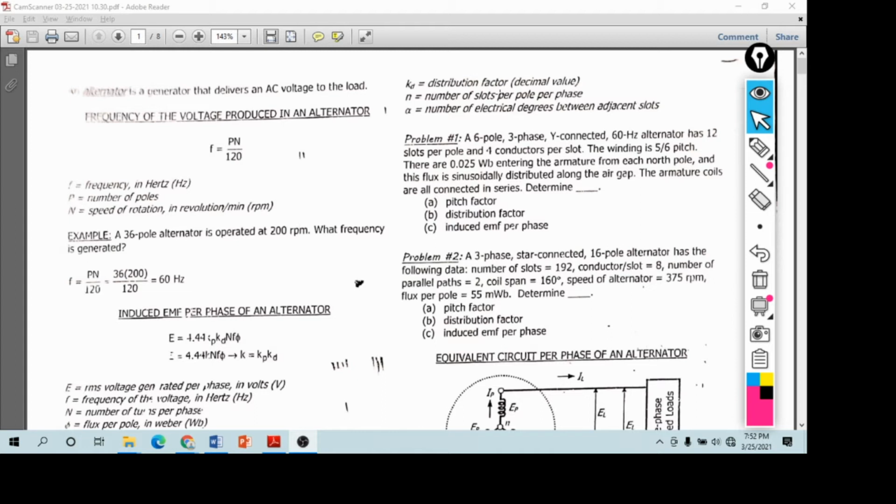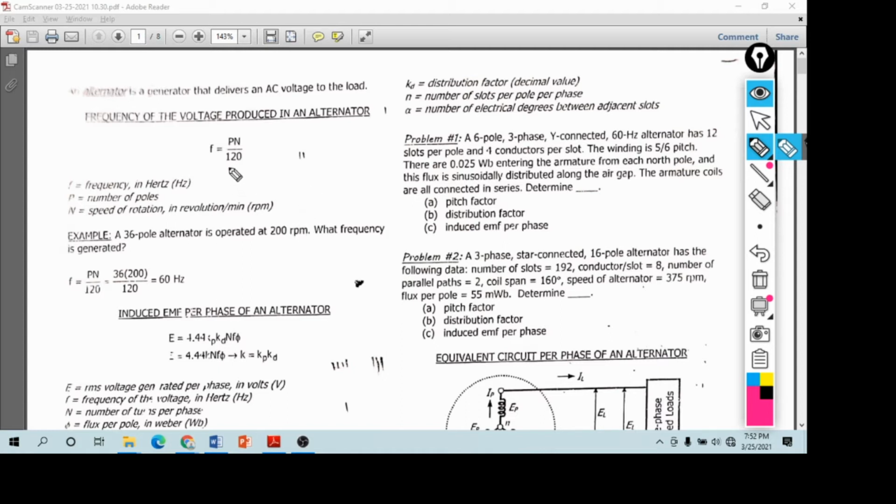So as we recall, the frequency of the voltage produced in an alternator depends on the number of poles and the speed as the rotor rotates. So F, where the frequency is equal to the number of poles multiplied by the speed of the rotor divided by 120.